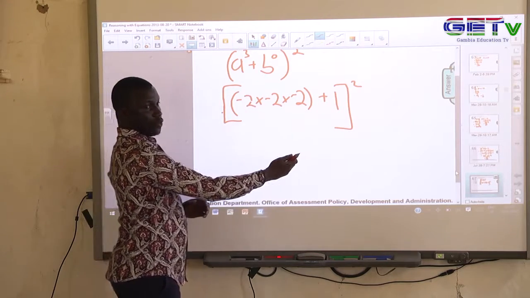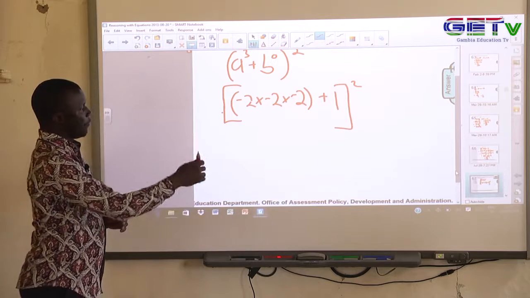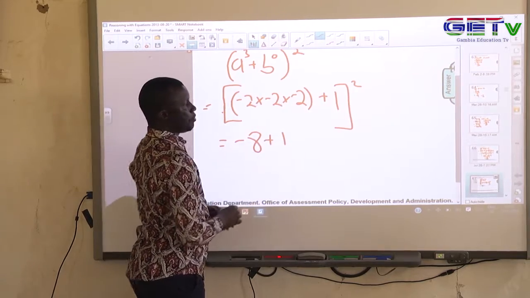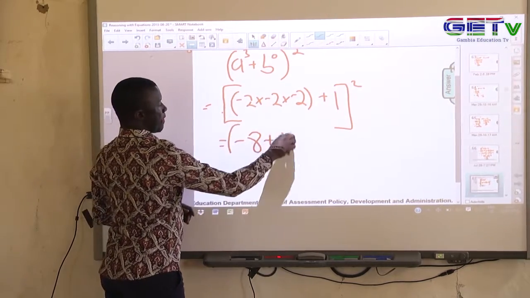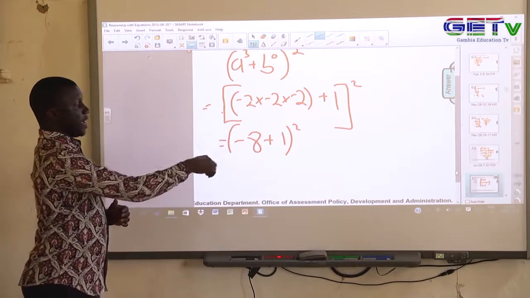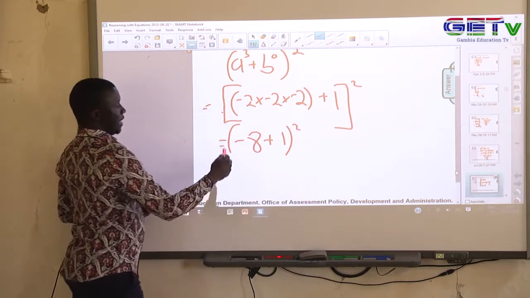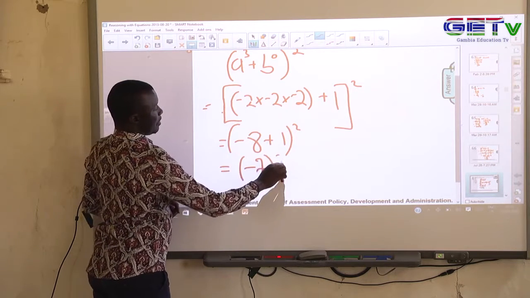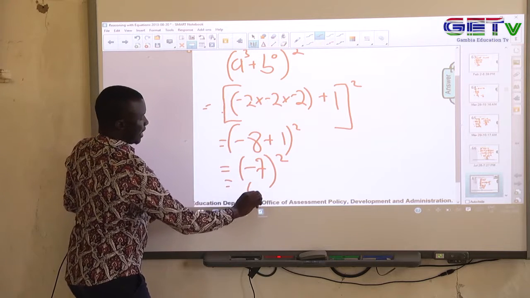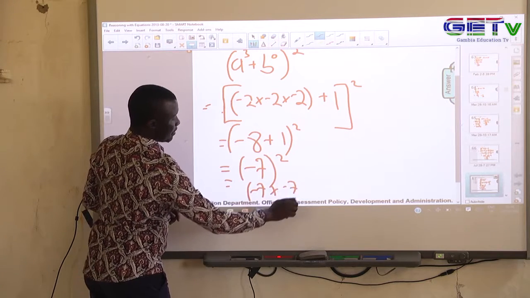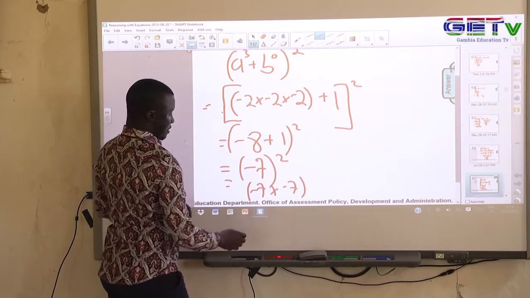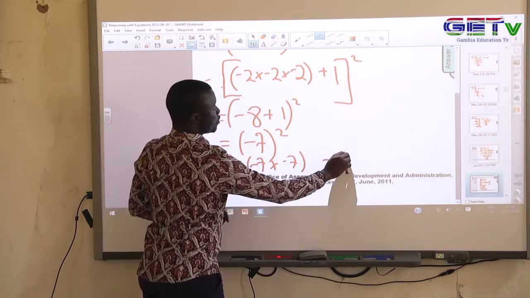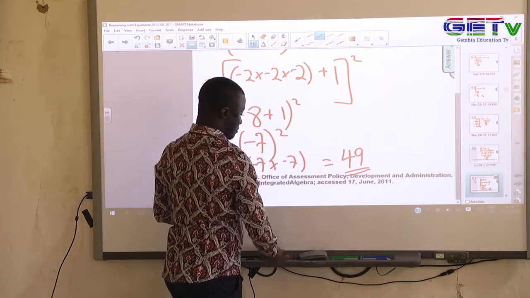Negative 2 times negative 2 is 4, and 4 times negative 2 equals negative 8, plus 1 here, all squared. Negative 8 plus 1, all squared. Negative 8 plus 1 equals negative 7, and negative 7 squared is negative 7 times negative 7. And this is equal to 49.